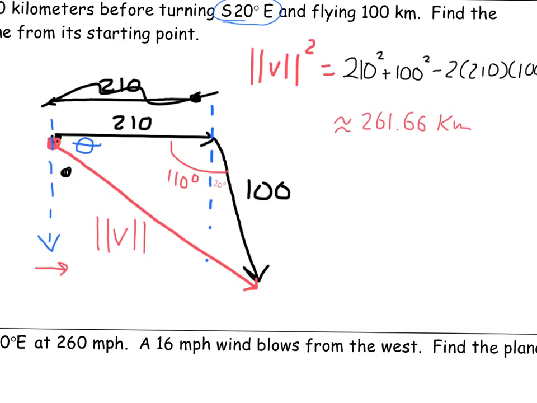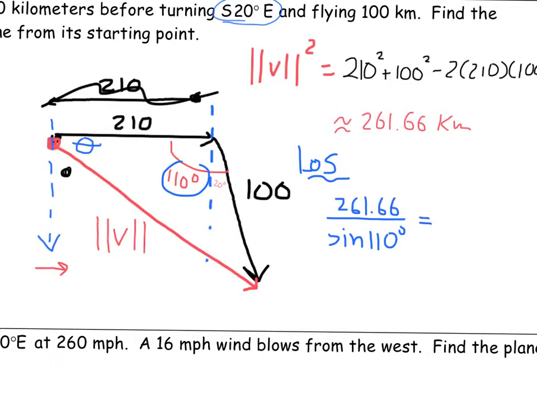Law of sine, because we have 210 here, or excuse me, 110. So I can put sine of 110 down below, and its magnitude above, approximately 261.66. And that's going to equal the 100 over the sine of theta.